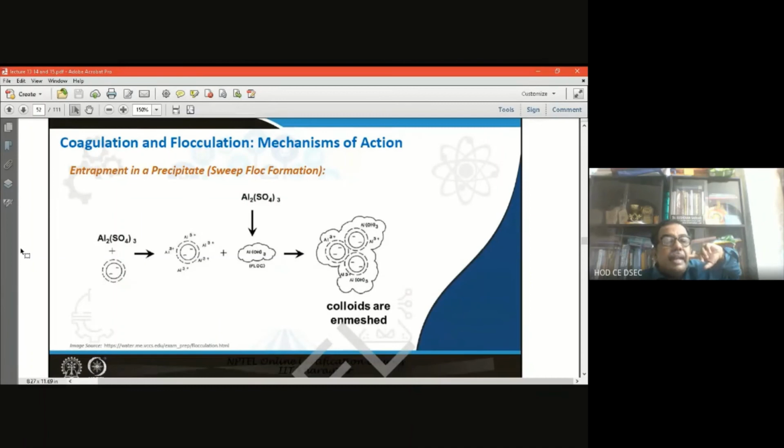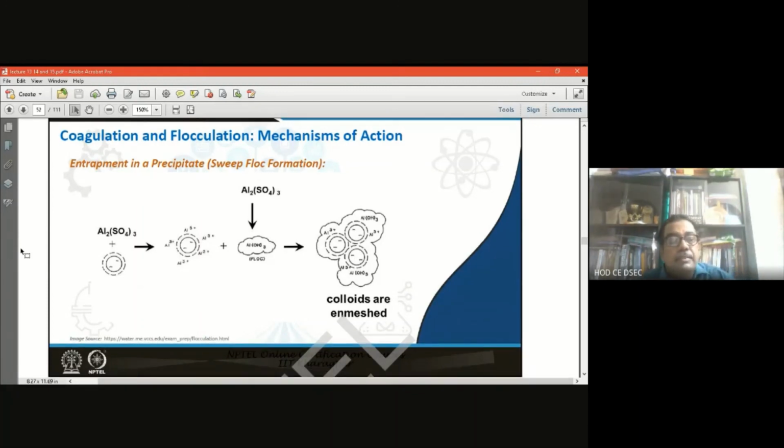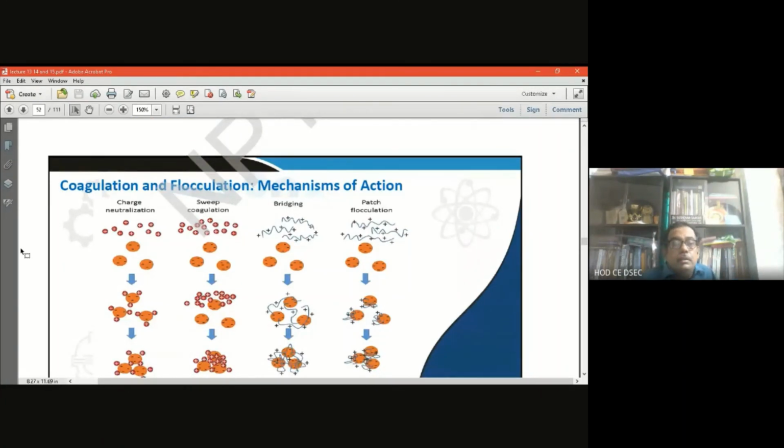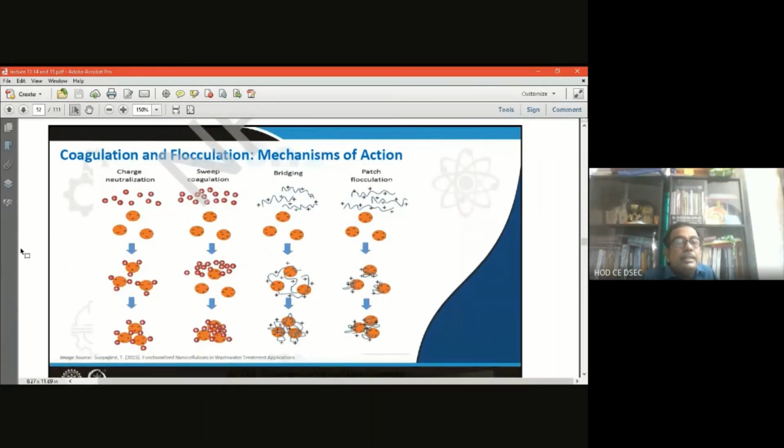So the entrapment of particles, sweep flock formation, Al2(SO4)3 becomes neutral. So a cloud formation is there, and once the cloud formation is there, the colloids are enmeshed. This is the charge neutralization, sweep coagulation, bridging, and flash flocculation, finally the precipitated form.